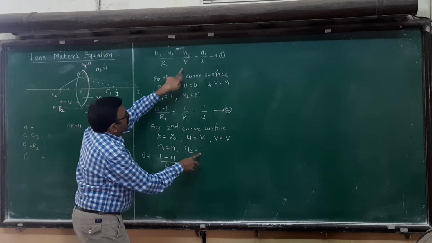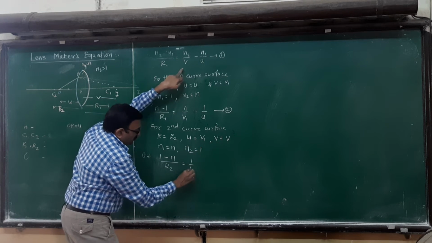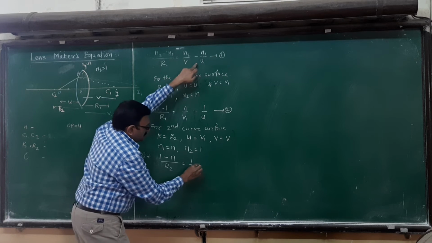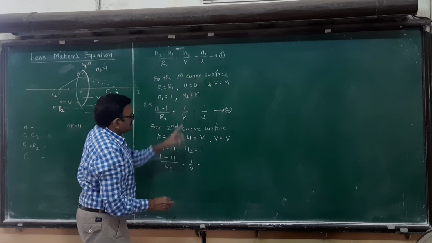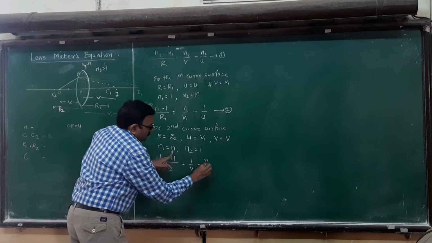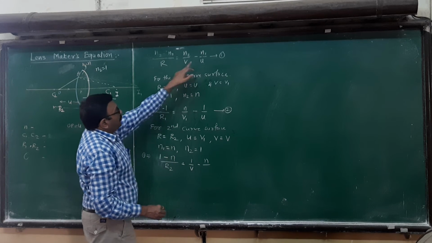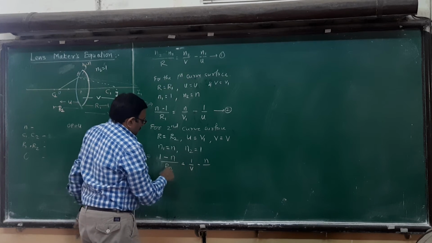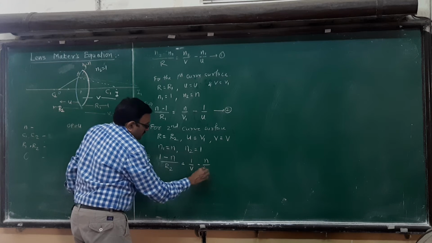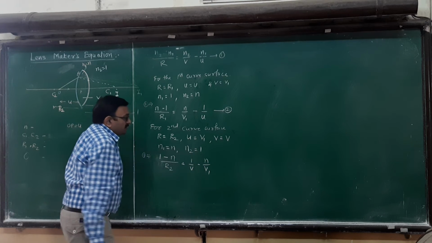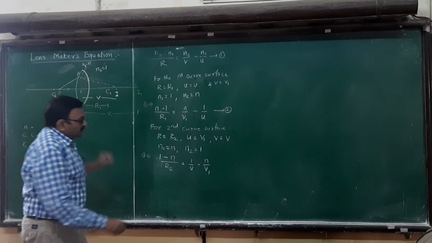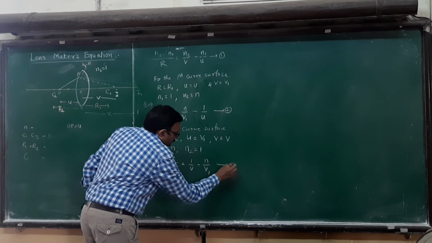N2 means 1 upon V, where the final image is obtained at point V, minus N1, which is N, upon the image distance, where the object is placed at a distance V1. So we write: (1 minus N) upon R2 is equal to 1 upon V minus N upon V1. Now call this equation number 3.